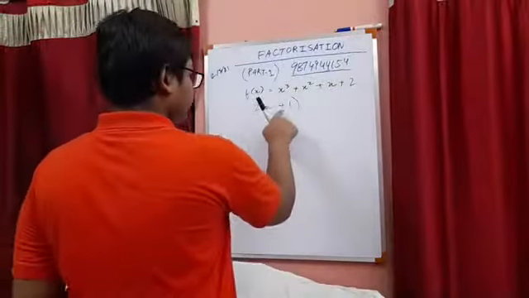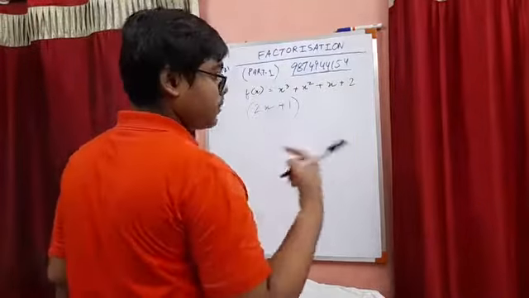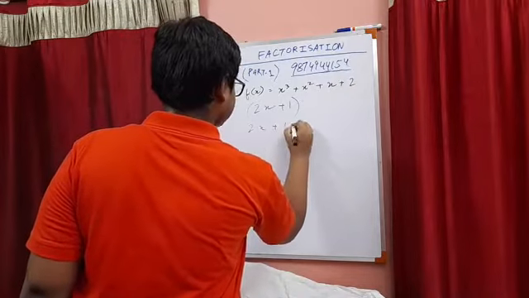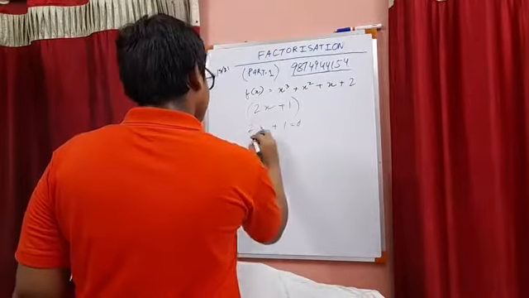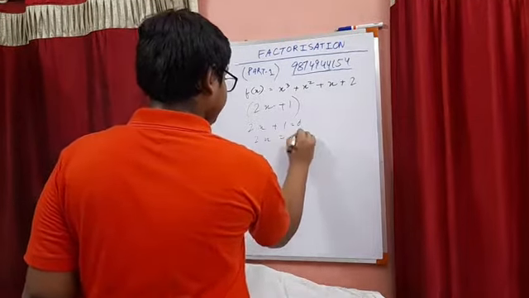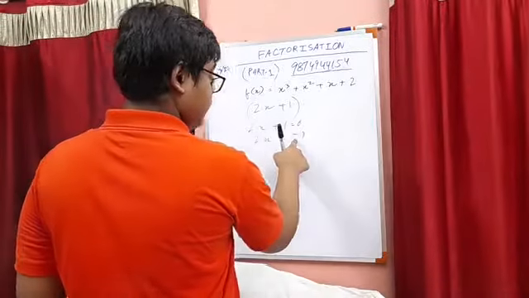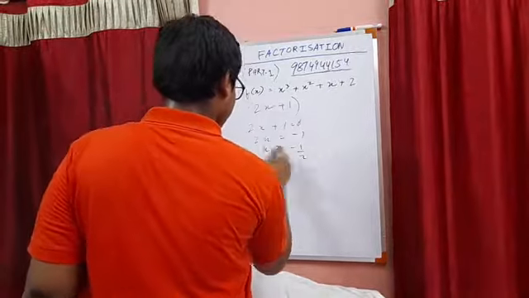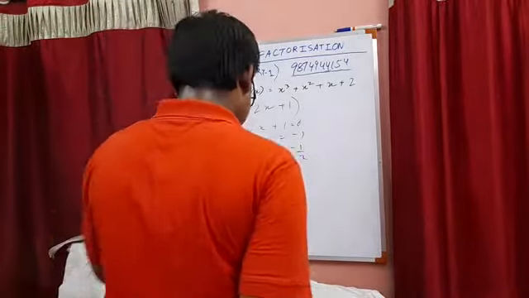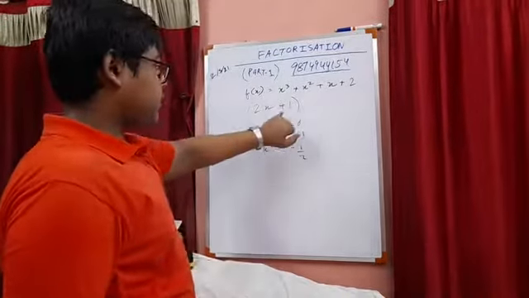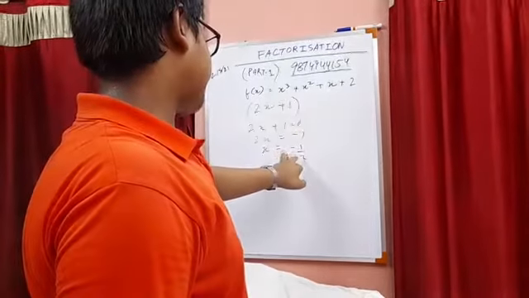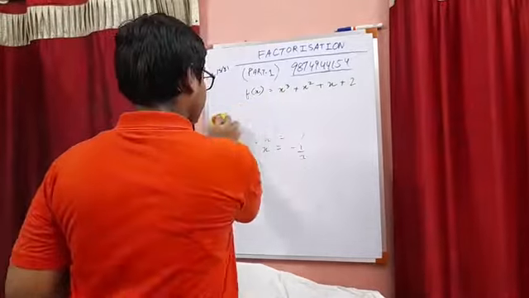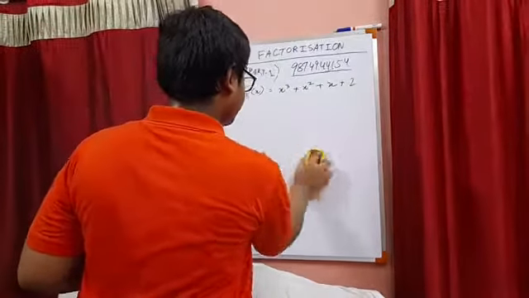For example, here it is plus, so it will become minus. 2x plus 1 is equal to 0, assumed. Now 2x is equal to minus 1, and x will become minus 1 by 2, taking the value of 2 here. Thus it was plus here and it became negative. This was all we need to know about the remainder theorem.